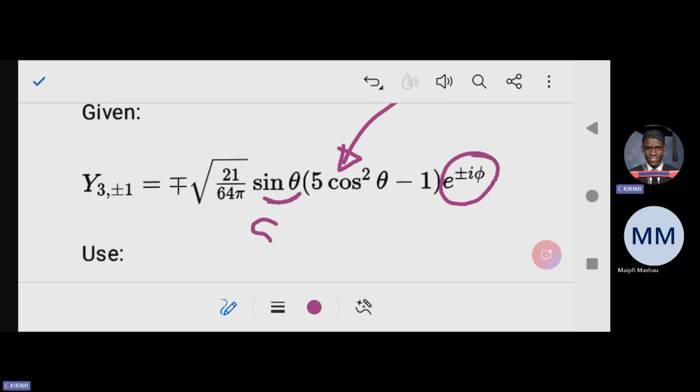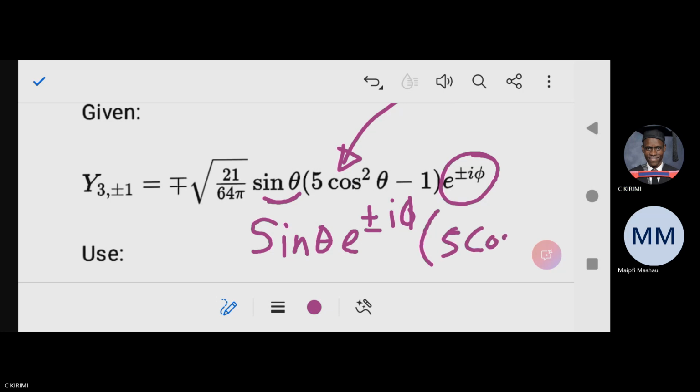For example, this can also be sine theta, and then e to the power positive or negative i phi. Then you can multiply again by 5 cos squared theta minus 1, close your bracket.